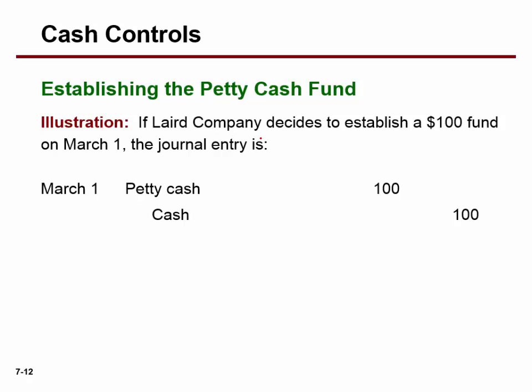We debit petty cash and we credit cash, right? So after we make that journal entry, what will our balance sheet look like? How much cash will we have? We'll have 900 of cash because we just credited cash, didn't we, for 100? And we will have petty cash of 100. Do we still have $1,000 cash?